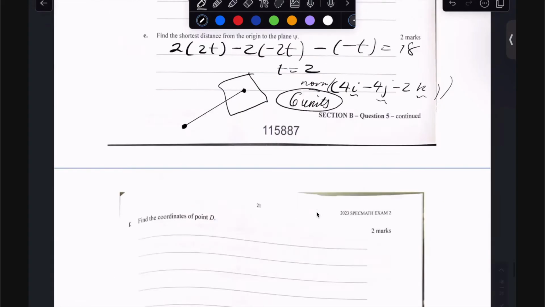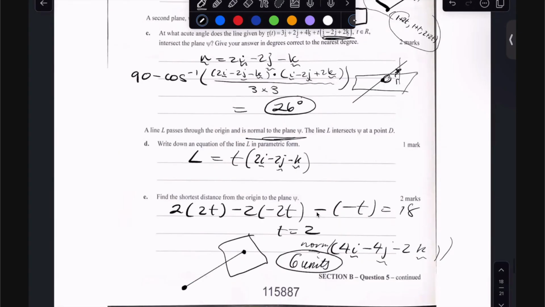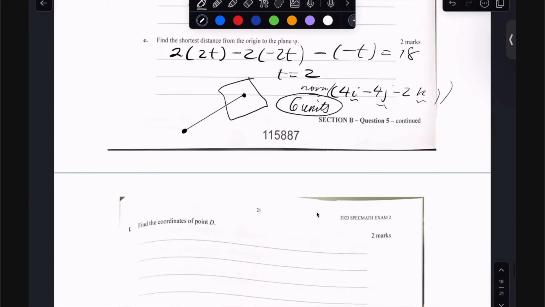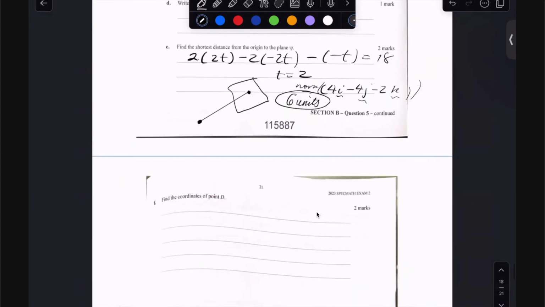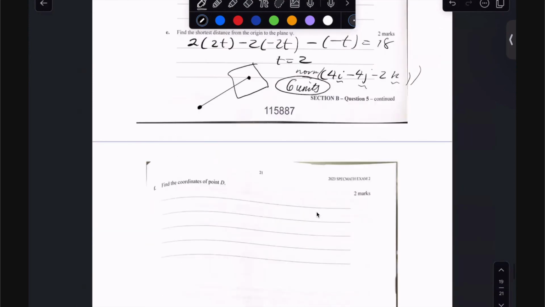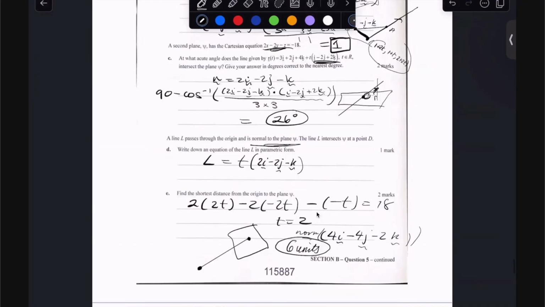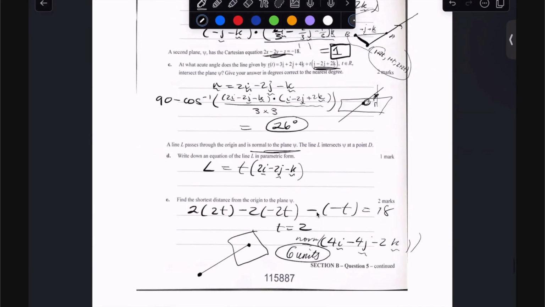Alright, and find the coordinates of point D. What's point D? The line L in the plane. We just did that, so you can write your working out again. So you can solve 2x minus 2y minus z is equal to negative, was it negative 18?